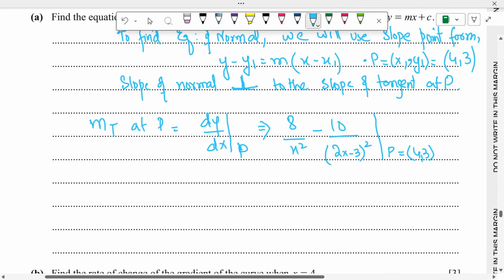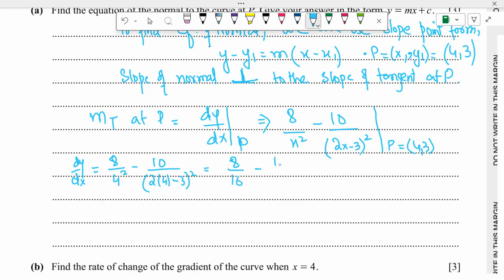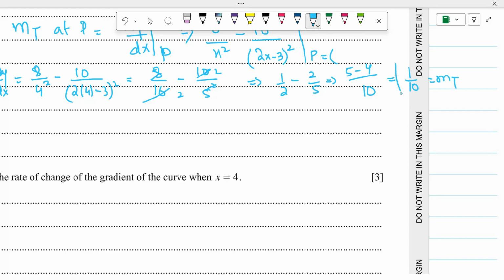The x coordinate is 4, so dy/dx = 8/4² - 10/(2 times 4 - 3)², which is 8/16 - 10/5². So this is 1/2 - 2/5, which is (5 - 4)/10, and the slope of the tangent is 1/10.